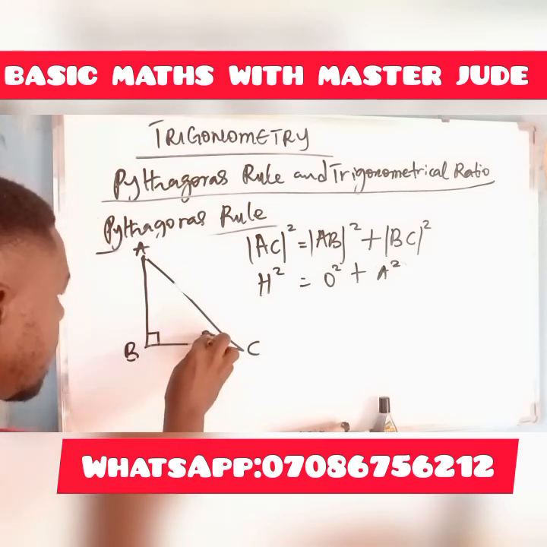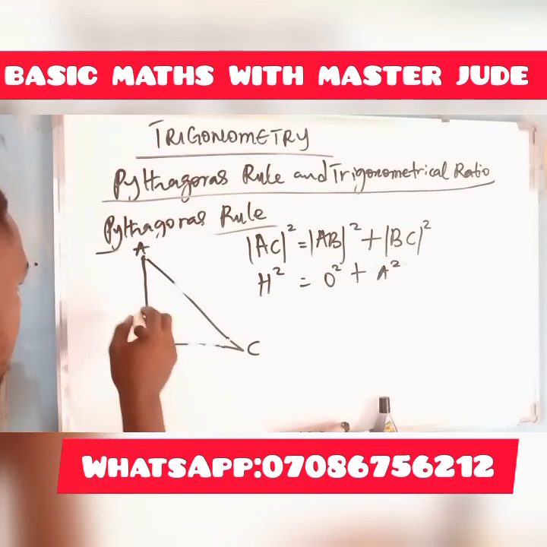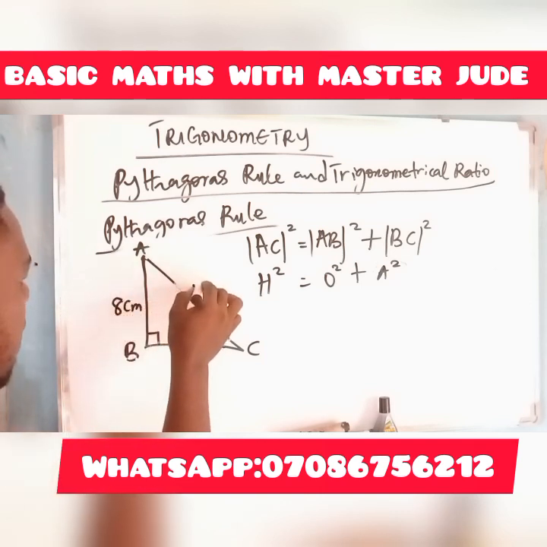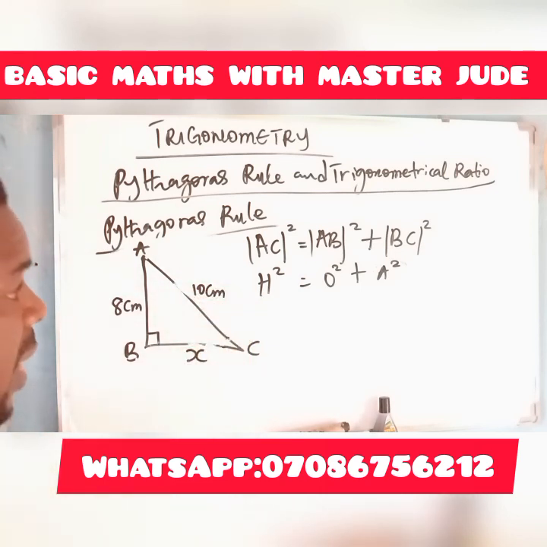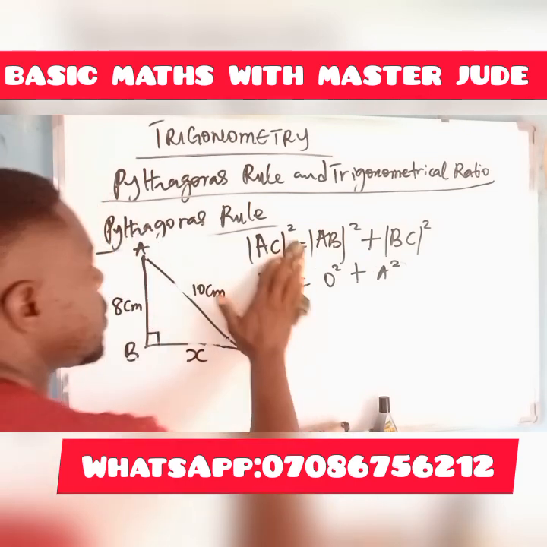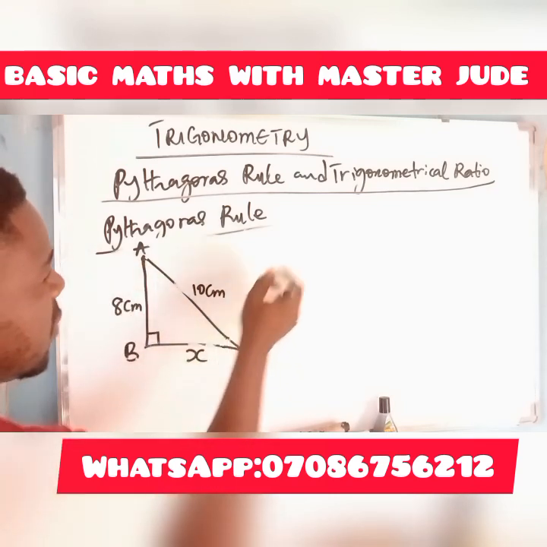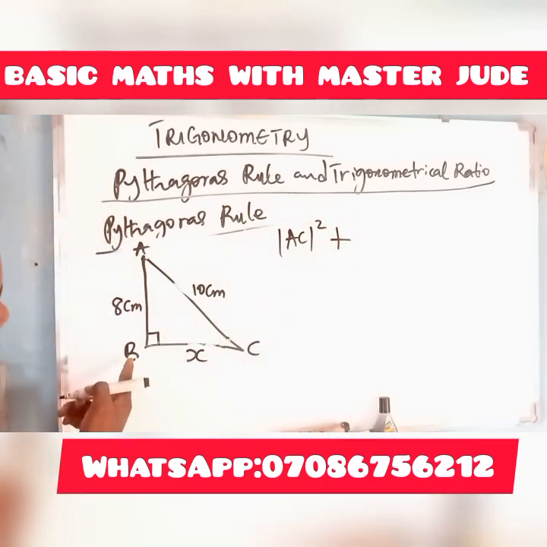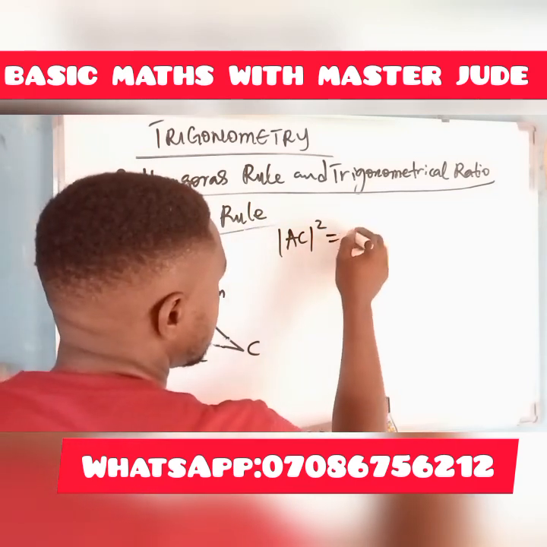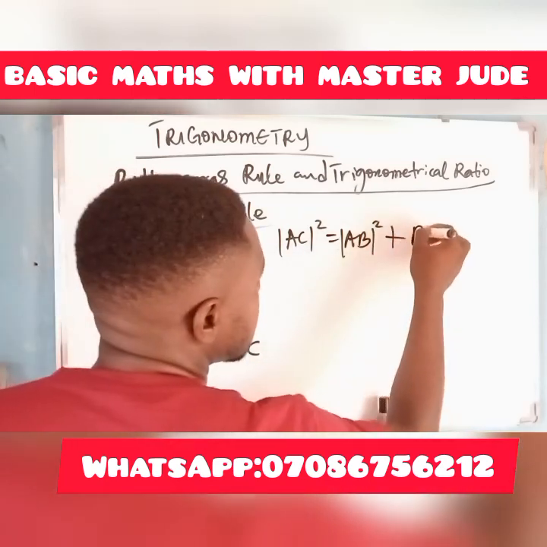If you are given, let's say you have 8 cm here and you have 10 cm here, and you are asked to look for this side, which is X. Now this is AC square, which is the hypotenuse side, is equal to AB square, which is the opposite, plus BC square, which is the adjacent side.